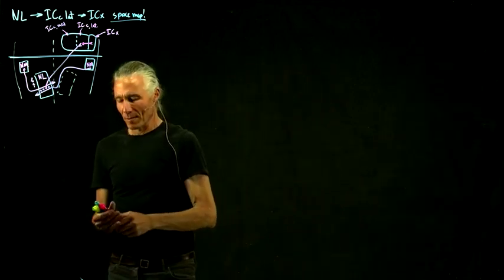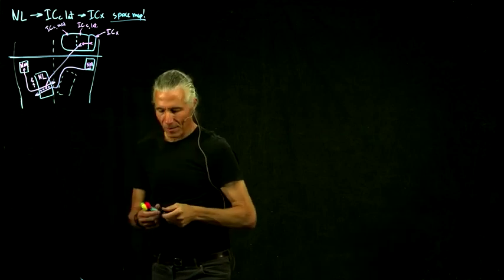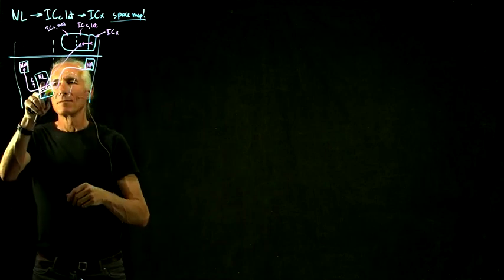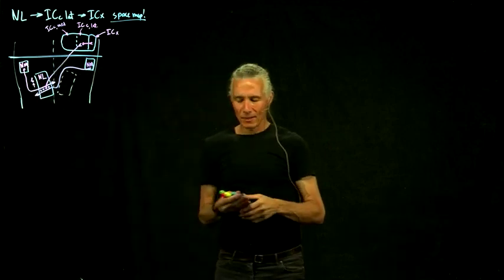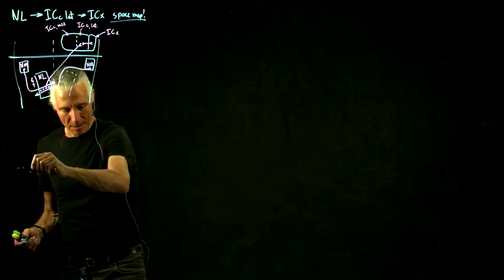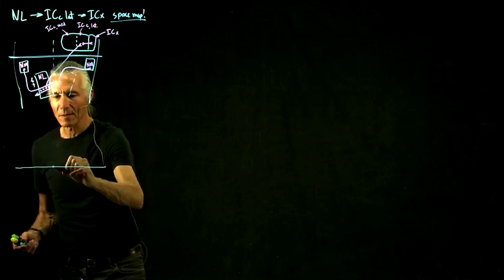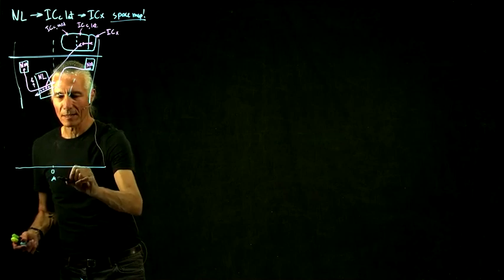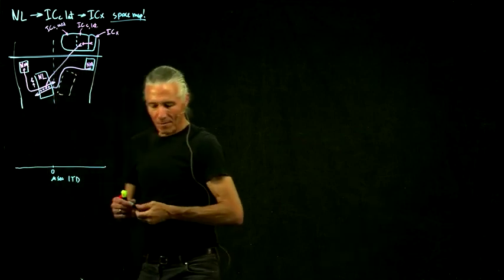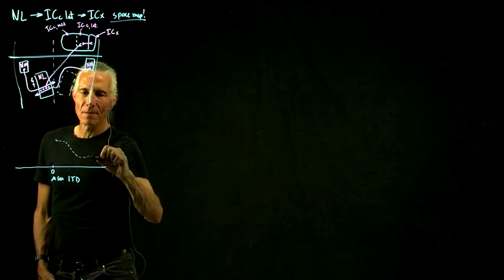And when we look at the response coming out of the nucleus laminaris, if we look at the response as a function of interaural time difference, we had this picture that looked like something like this. So if this is 0 microseconds ITD, interaural time difference, what we found is that a given neuron might respond something like this.